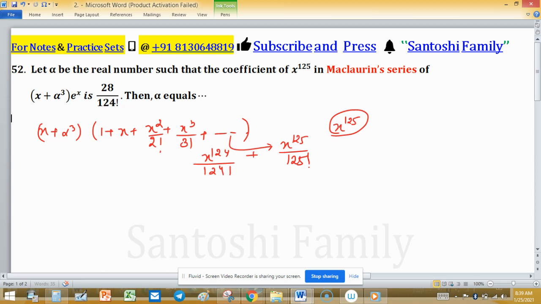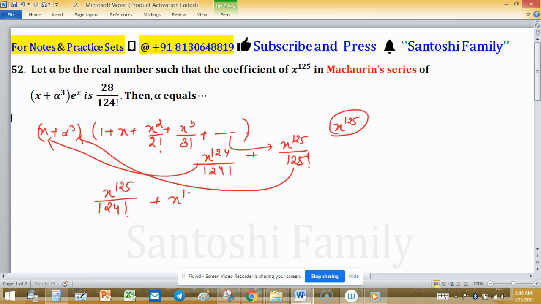When we multiply x by the previous term, we get x raised to the power 125 upon 124 factorial, and when we multiply alpha cubed by the x^125 term, we also get x raised to the power 125 upon 125 factorial times alpha cubed.